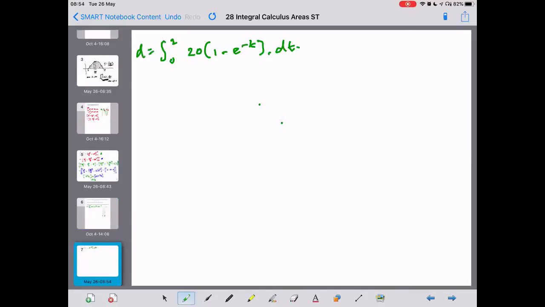This is distance travelled equals. We can take this constant multiplier outside the integral. So we can say d is equal to 20 times the integral between 0 and 2 of 1 minus e to the minus t dt.